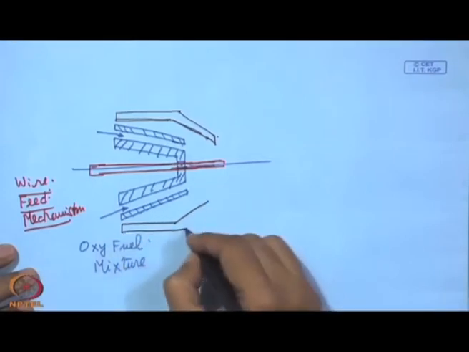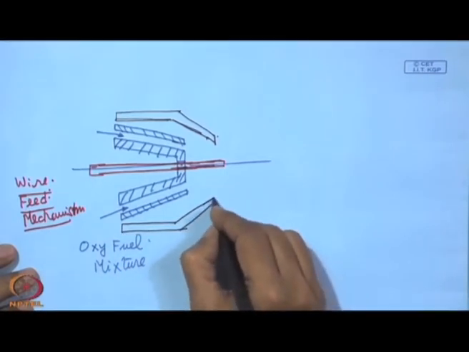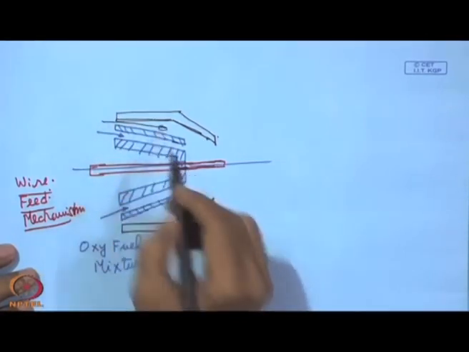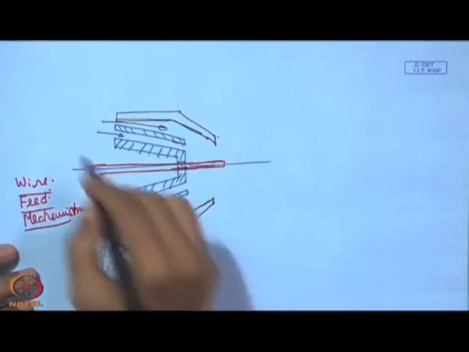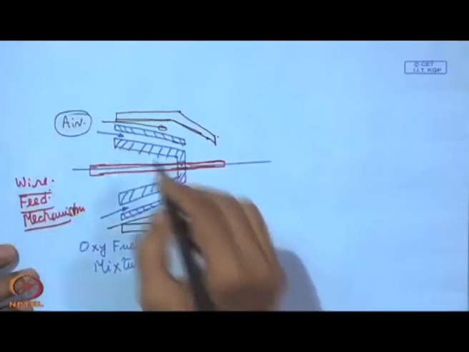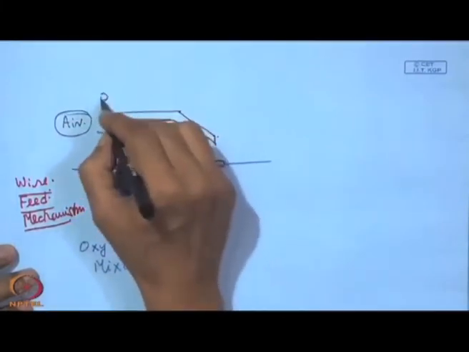This is another annular passage, through which we allow air, which we call the propelling medium.